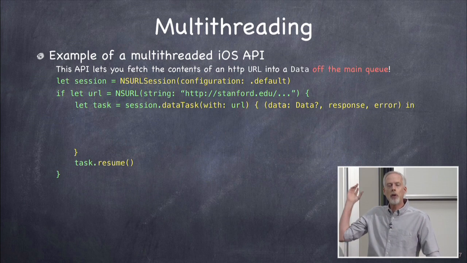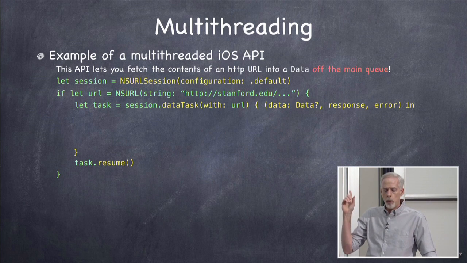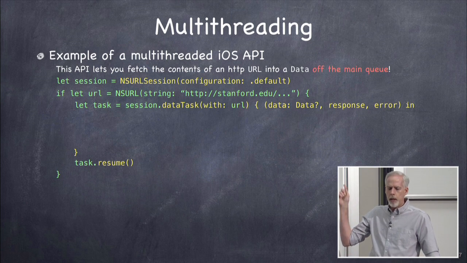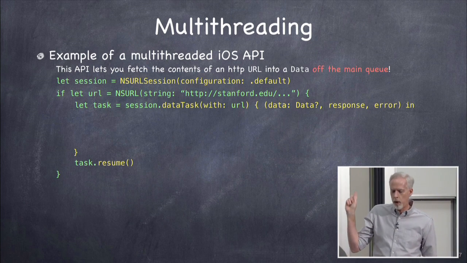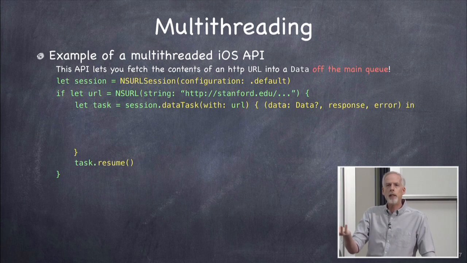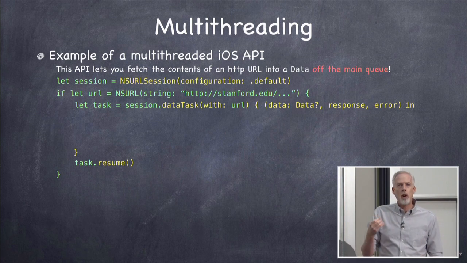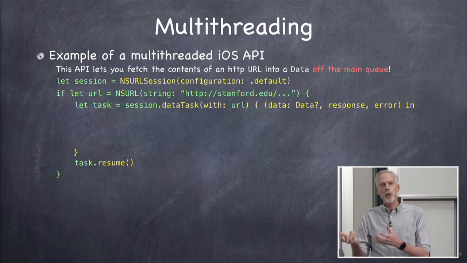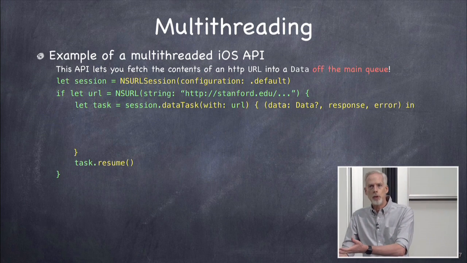And the way it works is you create an NSURLSession, it might be called URLSession these days. Yeah, this is an old slide, so it's just called URLSession and URL, not NSURL. You create one with a certain configuration, then you get the URL you want, and then you call this method data task with URL and closure.